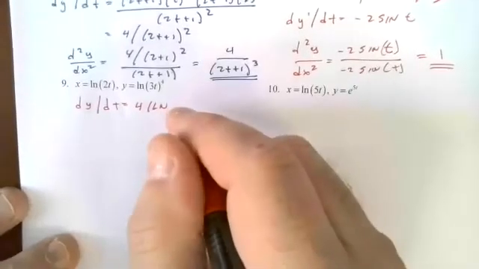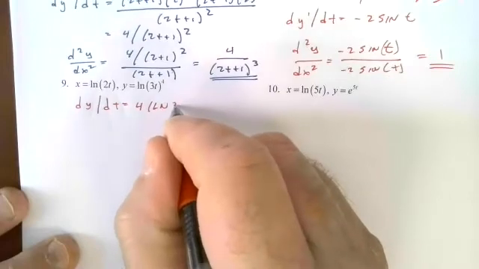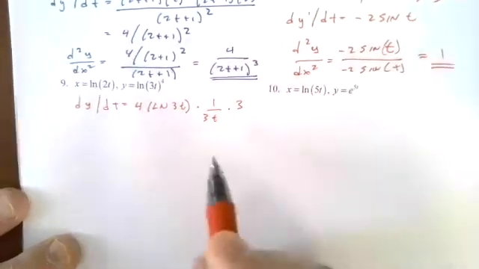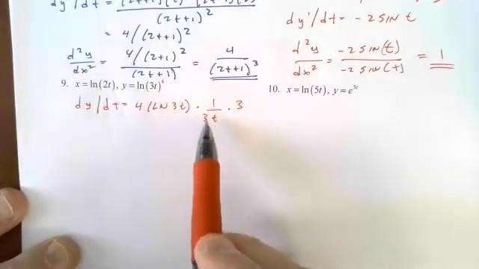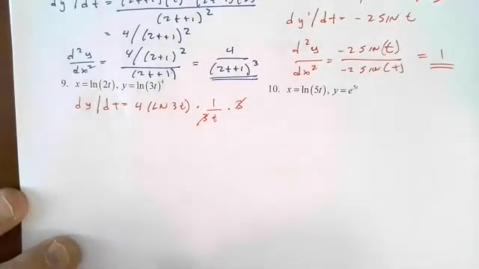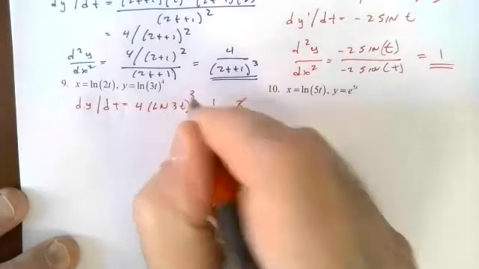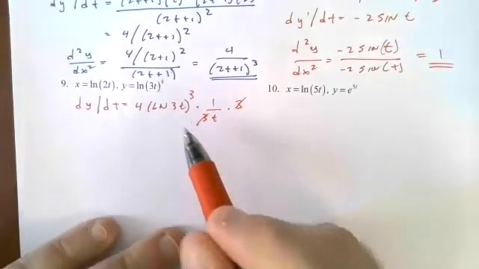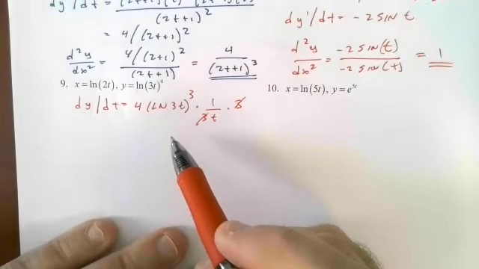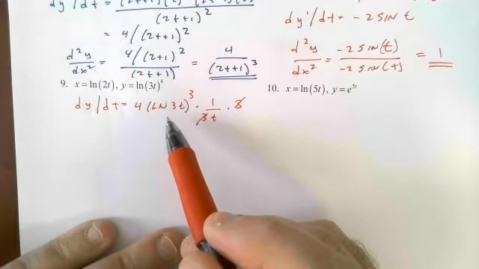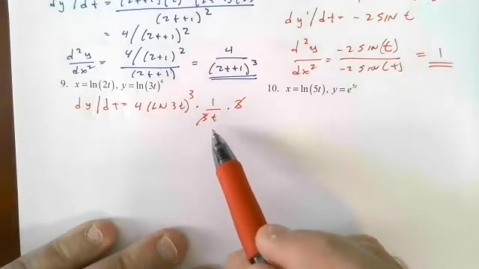Yeah, this will work. 4 ln of 3t times 1 over 3t times 3. 4, what's the derivative inside? 1 over 3t times 3. By something's bothering me, to the third. I don't like this. Something's wrong. Yeah, I've made a mistake somewhere and I can't see where it is.